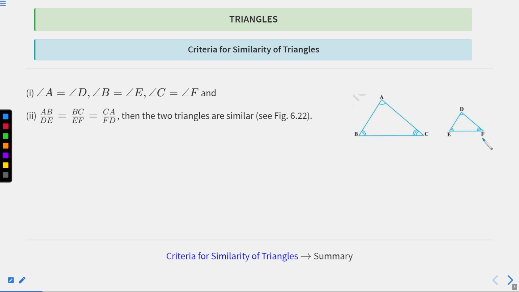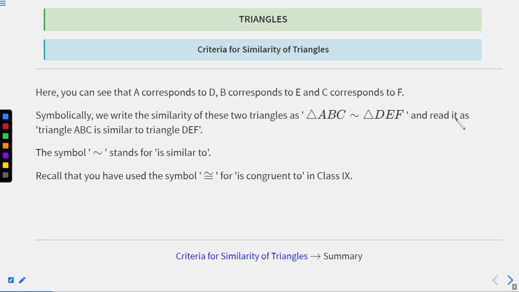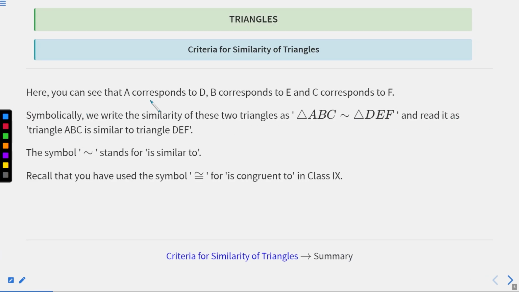Then these two triangles ABC and DEF are called similar. So in this lecture we will discuss first criteria for similarity of triangles.